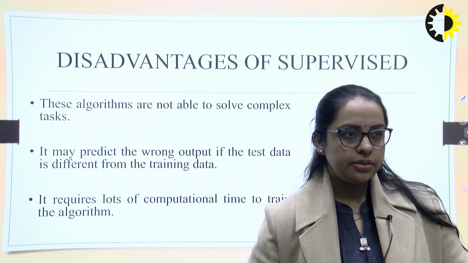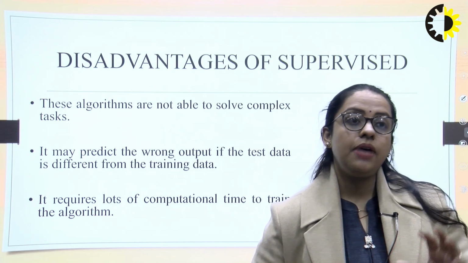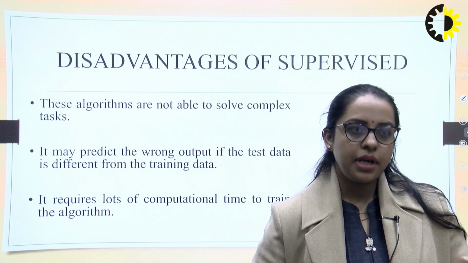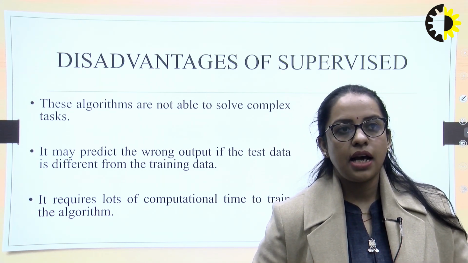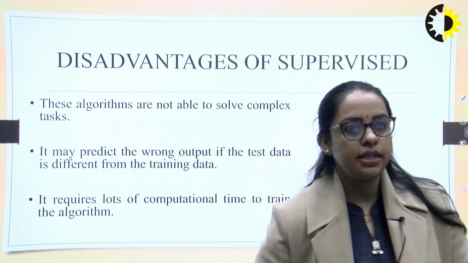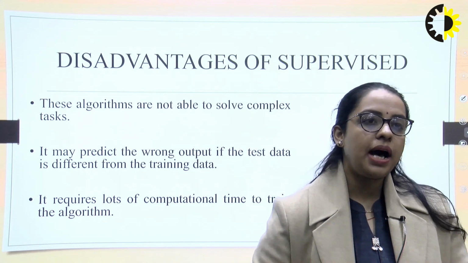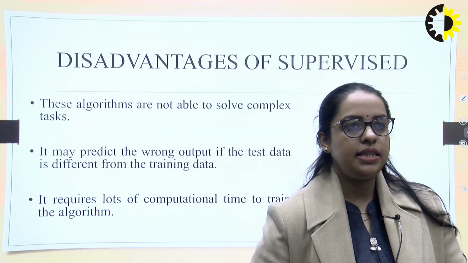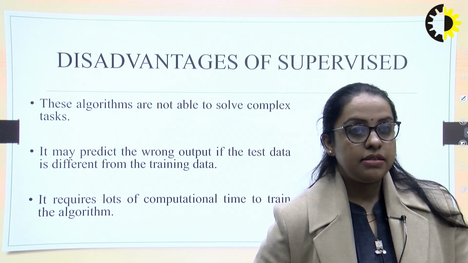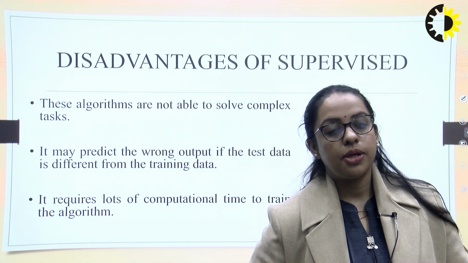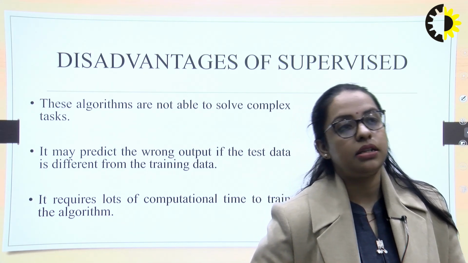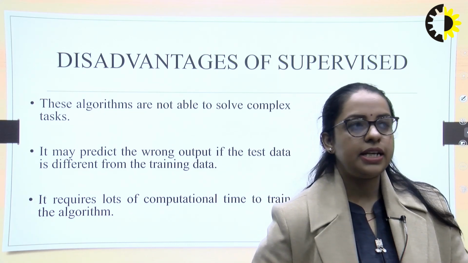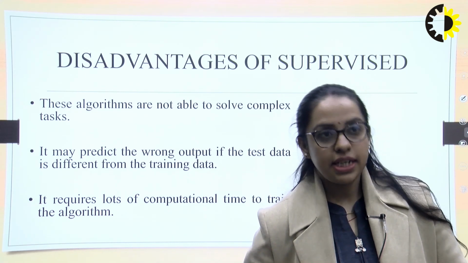For example, if we give some input in test data, and that test data is not closely related to or not part of the training data set, then in supervised learning the result will not be accurate. It may predict the wrong output if the test data is different from the training data.